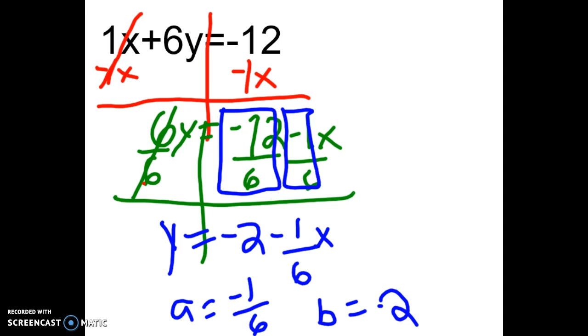Let's look at the next problem. So this problem right here is similar to number 2 on your worksheet. If you follow these steps, it's the same steps to help you on your worksheet. Okay? Again, y is not by itself, so I can't automatically tell what my slope is. I need to get y in the form of y equals.